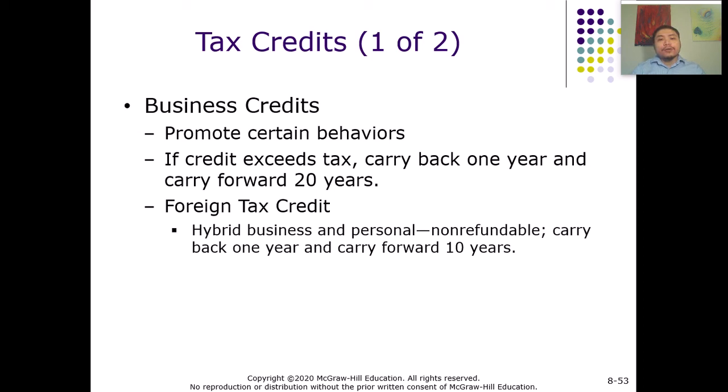But anyway, or they can claim some foreign tax credit, right? So anyway, I just want to introduce you to this concept. I don't intend to go any deeper. It's just a concept that I want to introduce to you.